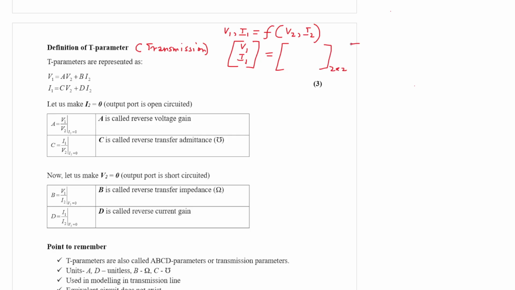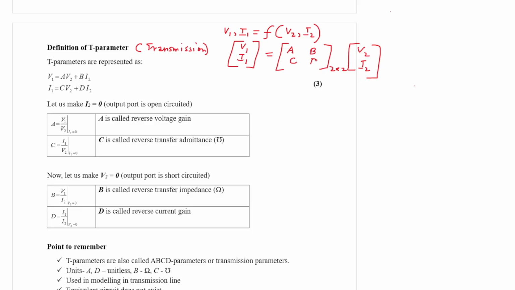Then we have our matrix of output parameters V2, I2. Within this matrix we don't have any one particular type of thing, right? Let them be named A, B, C, D.